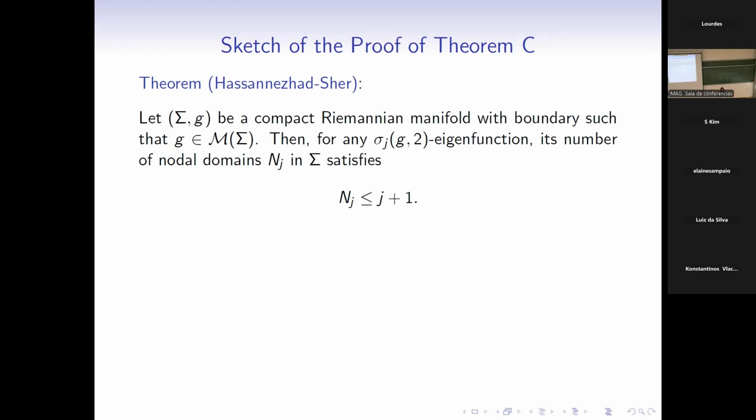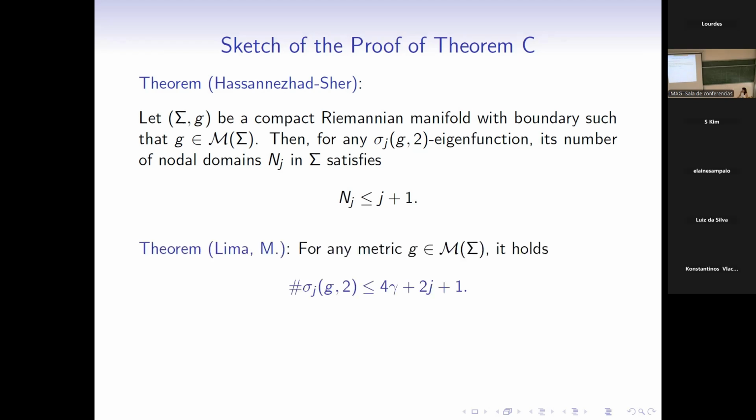Okay? And once we have this Courant nodal domain type result, Vanderswijn and I were able to show that you can get an upper bound for the multiplicities of the Steklov eigenvalues, with frequency alpha, or 2 as we are interested in. We proved for alpha in general that the multiplicity of sigma j is at most 4 times its genus plus twice its order plus 1.